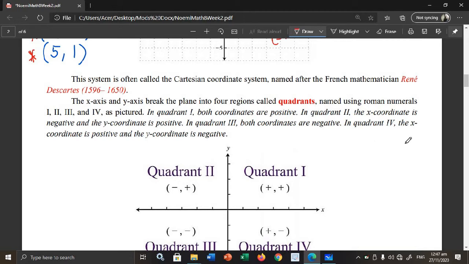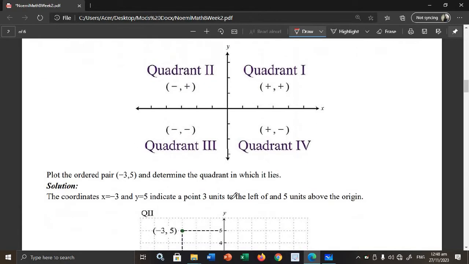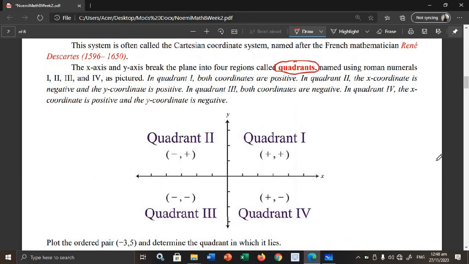And then, the x-axis and y-axis break the plane into 4 regions called quadrants. Okay? The name using Roman numerals 1, 2, 3, and 4 as pictured. So, ang Cartesian plane na hati siya sa 4 na quadrant.